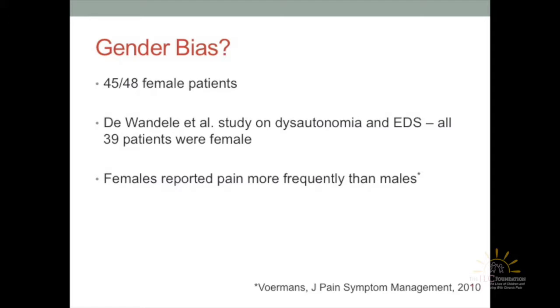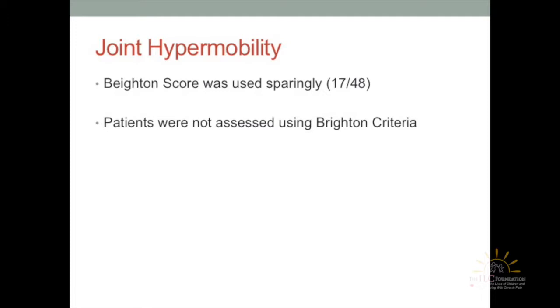In terms of joint hypermobility, now Beighton score for some reason was used fairly sparingly in our way of keeping track of patients. It was done in 17 patients. I mean, there are a few issues with the Beighton score. There are differences as you age, so your Beighton score might likely decrease. There are differences in gender, there are differences in ethnic groups, there are differences after you have surgery on the joint.